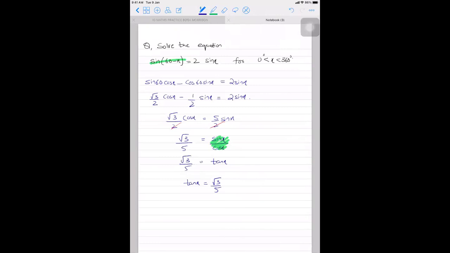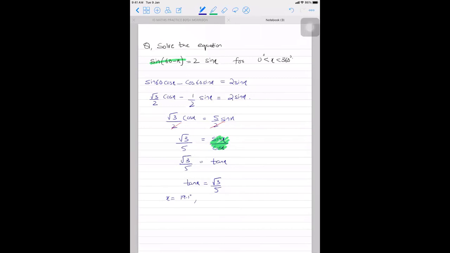19.1. Yes, and what's the other angle? 19.1 and I'm only getting 19.1.